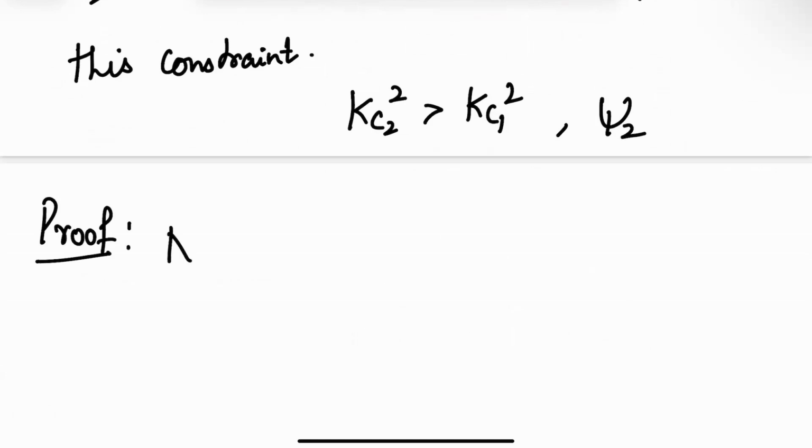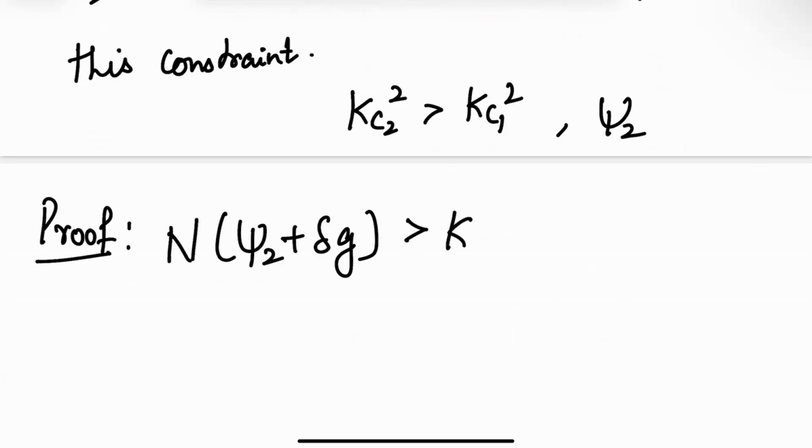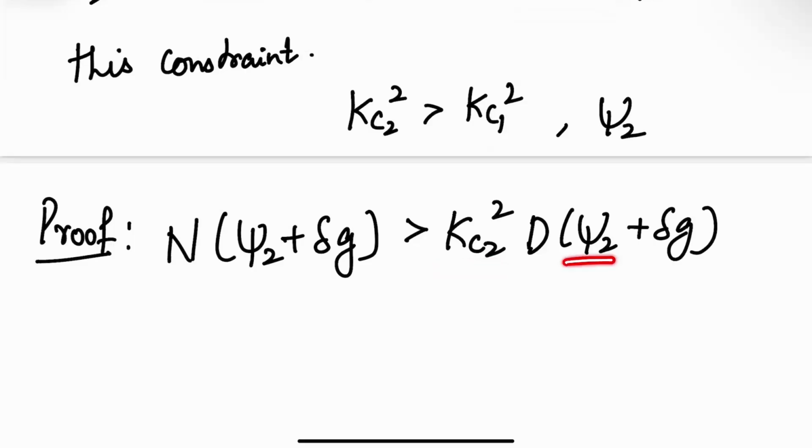Again, we start with a small perturbation to psi2, some function g, and we know that it must be greater than Kc2 square d of psi2 plus delta g, because Kc2 square was the minimum when you have psi2.